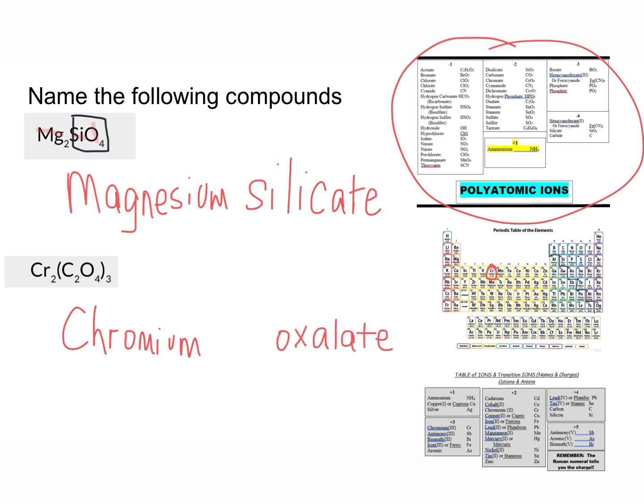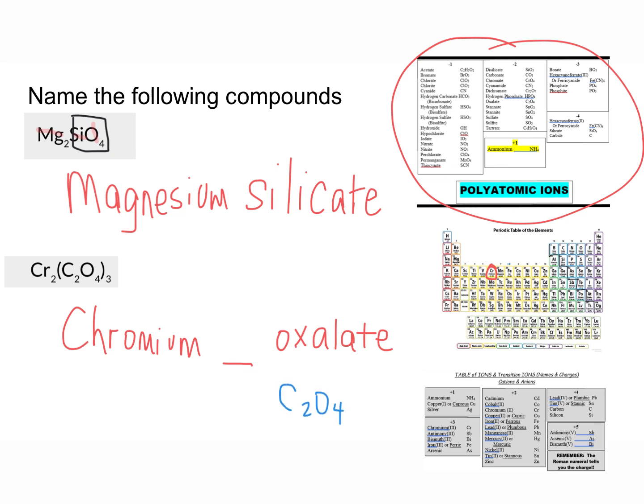Okay, now we need to figure out what this Roman numeral is going to be. So we have to look up what was the charge of this oxalate. So here's oxalate. Oxalate is in the -2 box. So I'm just going to draw this all out just so you can see it. If we look here, okay, we have C2O4.